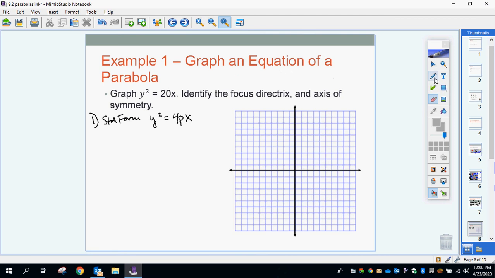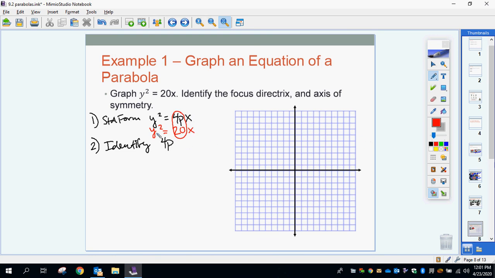After you get it in standard form, you want to identify your 4P. If our equation is y squared equals 20x, that 20 stands for the 4P.